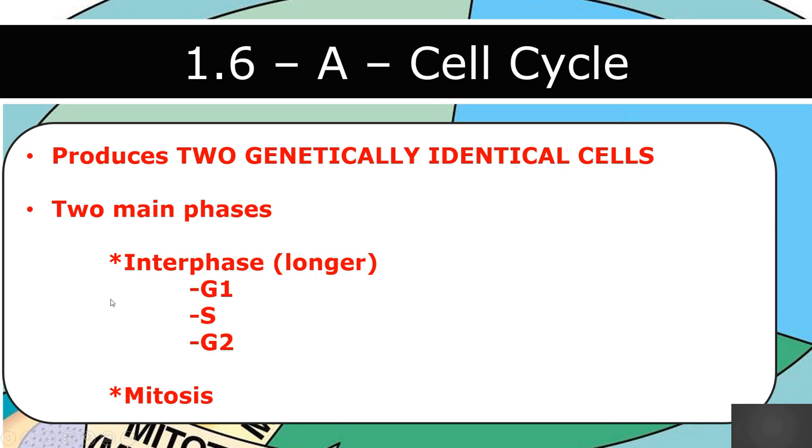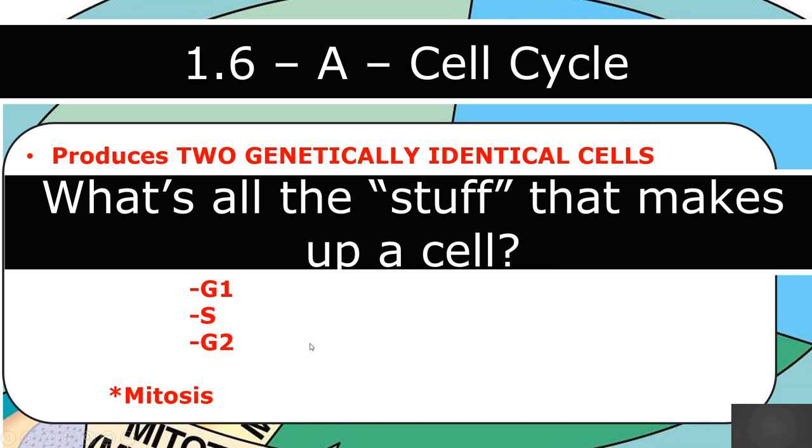And the cell cycle is divided into two main parts. So interphase, which is the longer of the two and consists of these three subsections, G1, S, and G2. And then the second part of the cell cycle is going to be mitosis, which is going to seem really similar to meiosis.